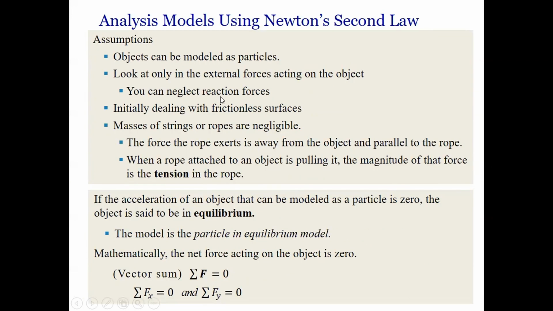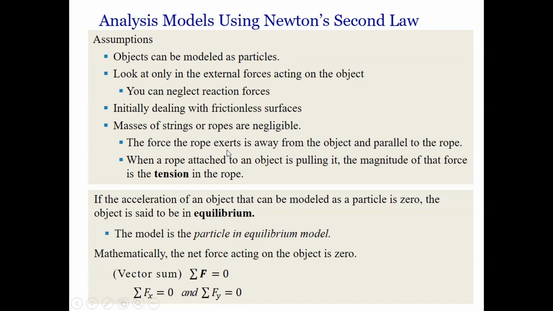If we look into the analysis of the model using Newton's law, we first assume a few things. The first assumption is that the object can be modeled as a particle, and we look at only the external forces acting on the object. We can neglect the reaction forces, and initially we will be dealing with frictionless surfaces, and the masses of the strings and ropes will be considered negligibly small.